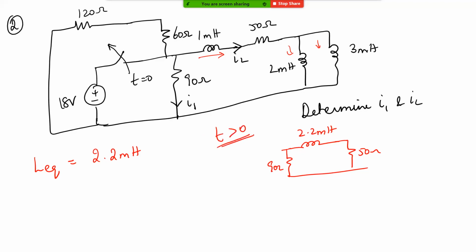So you have 60 plus 120, it becomes 180 ohms, correct? This is how the circuit looks for t greater than 0, because the exponential decay happens only after t greater than 0. So you have 180 ohms, 90 ohms and 50 ohms. Now you can find out what the equivalent R is here.